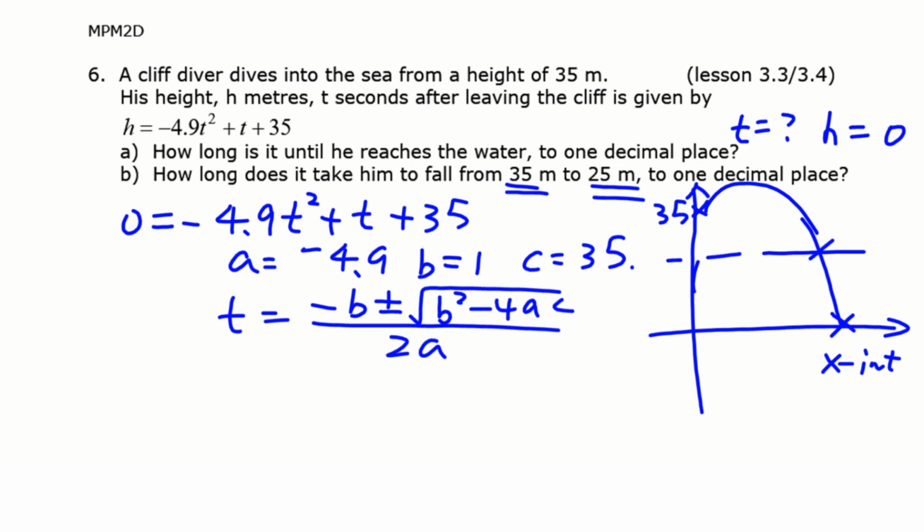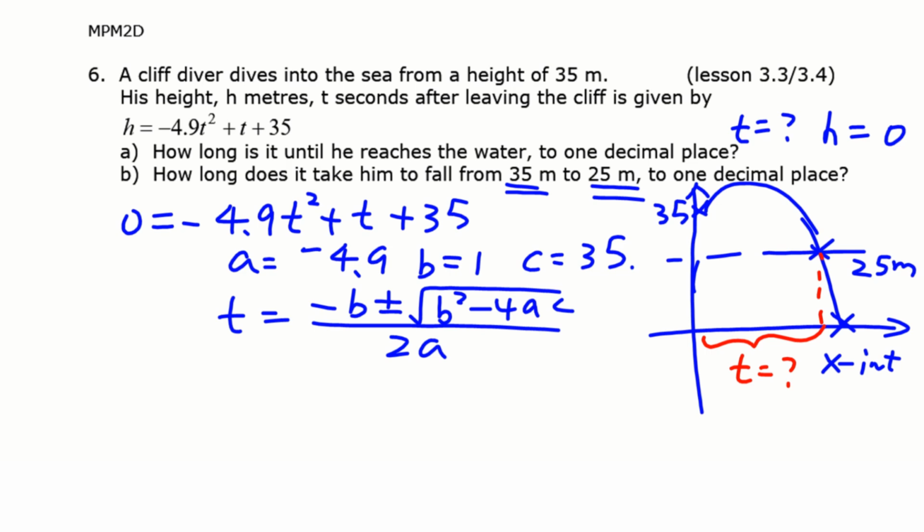And we draw another line, okay, at 25 meters. What you are looking for is the time equals what? From the beginning t equals 0 to 25. And for this one, it's not vertex again, so it's the same as the x-intercept.